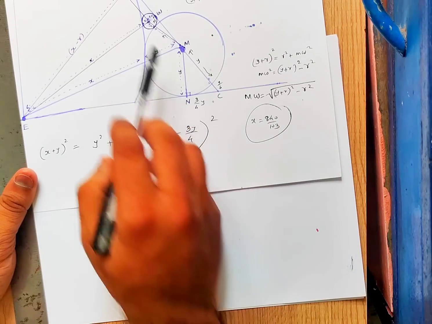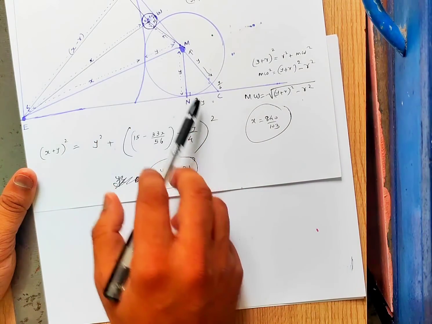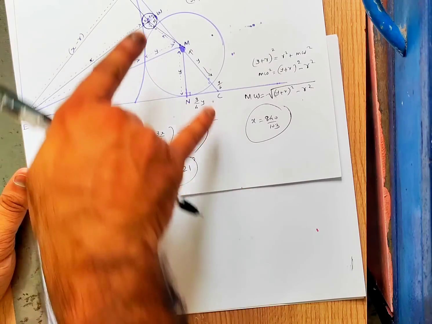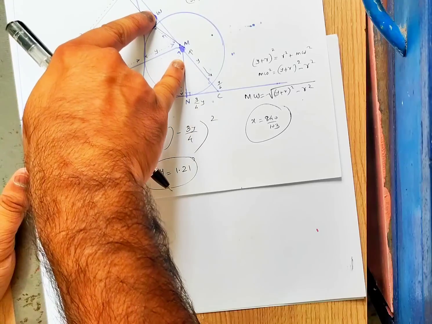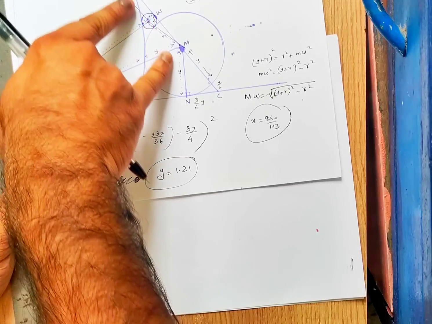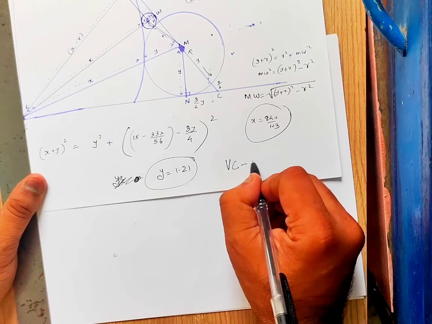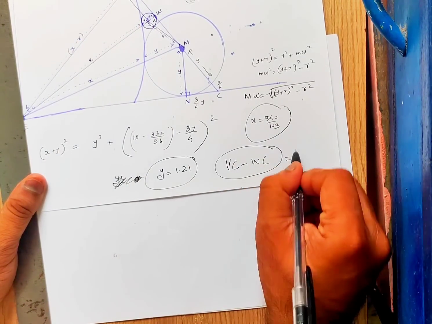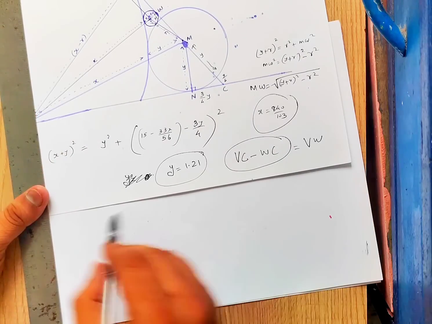Now what I'm going to do is determine the length of WC. Right? Now what is WC? It is MC plus WM. Ultimately I need to find out VW, which will be calculated by VC minus WC. Right? This is nothing but VW. So VC can be calculated using Pythagoras theorem. How?